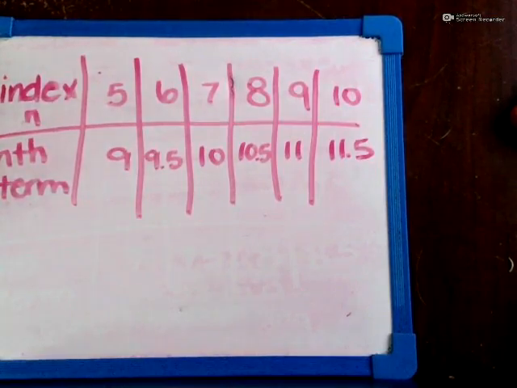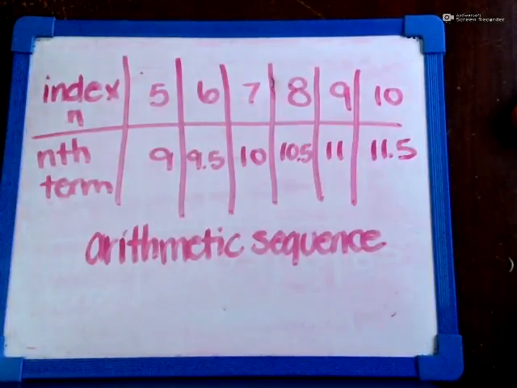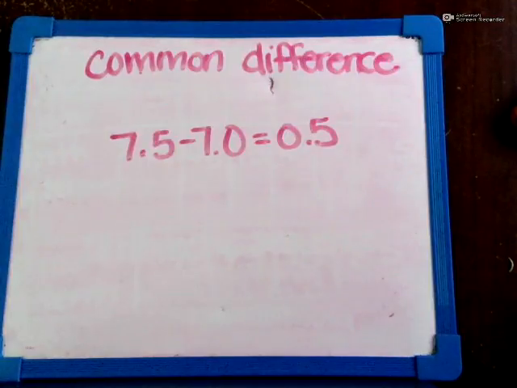The shoe size sequence, which involves adding a constant of 0.5 to determine the next term, is an example of an arithmetic sequence. The constant can be any real number, whole or fractional, positive or negative. In this case, the constant was 0.5. There is another way to figure out what the difference is.